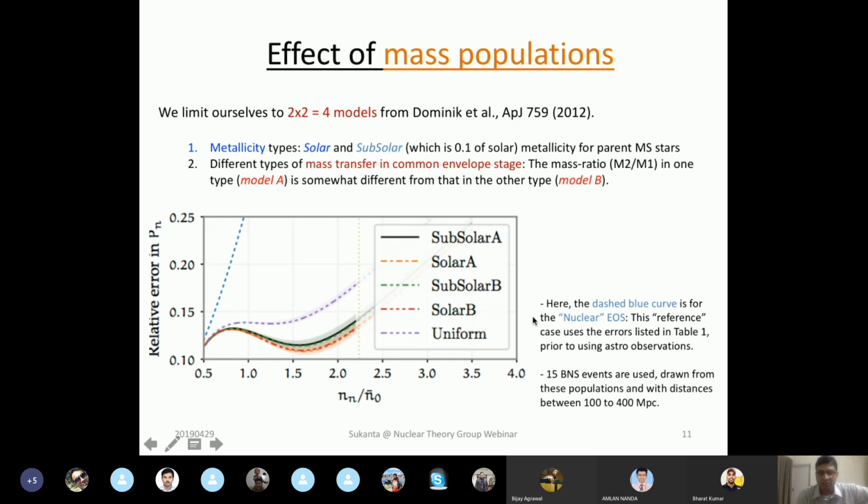Let me recap. This curve is what we call the nuclear equation of state errors, shown in parentheses in previous slides, whereas these curves are pressure versus number density errors obtained after incorporating gravitational wave observations, albeit simulated from 15 sources at a time. And so observations here obviously are helping in reducing those default nuclear errors.